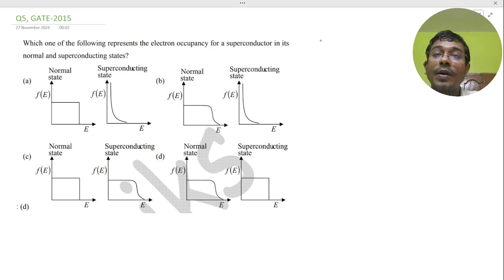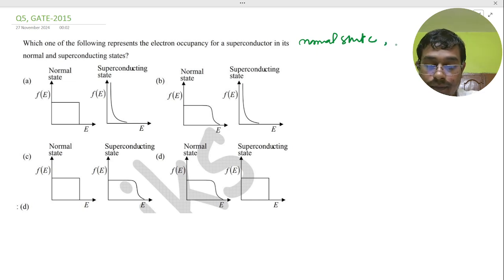That in normal state, these are fermions and the spin is half.